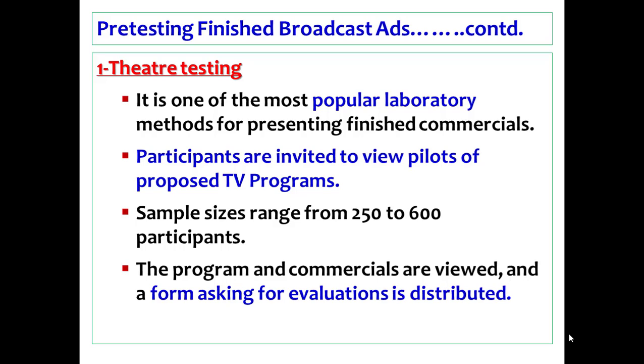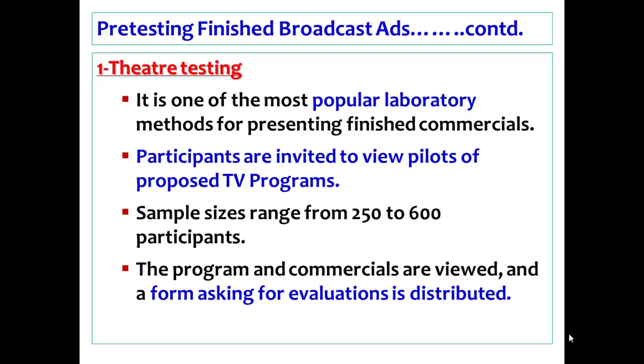They believe that they are just invited to watch a particular TV program in production. Then, like any other typical invitation, they watch the TV programs in the selected areas. Sometimes the companies may use 250 up to 600 participants in the theater testing areas.